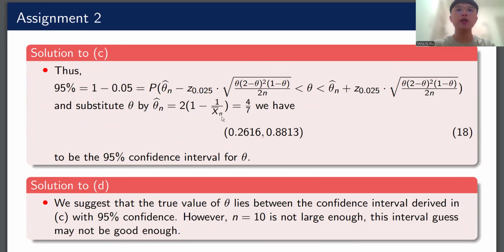By the data, we get the sample mean, and then substituting it in, we get the estimator is equal to 4/7. And we substitute this result into the interval we get. Finally, we have this result to be the 95% confidence interval for theta.